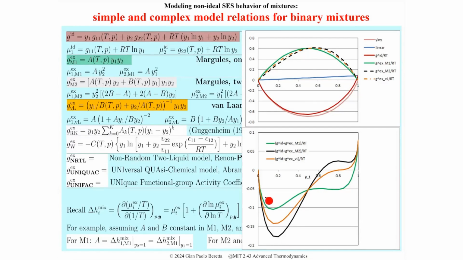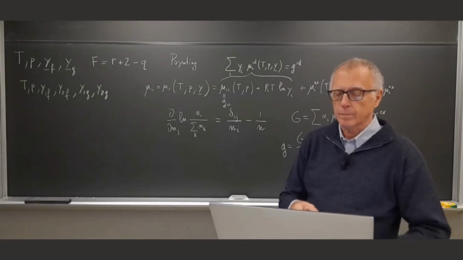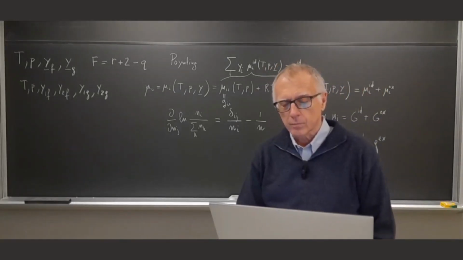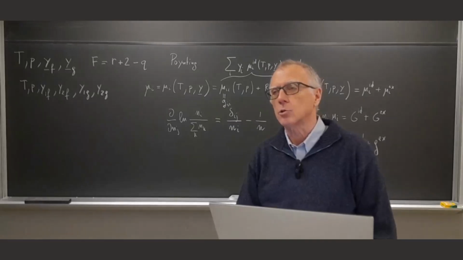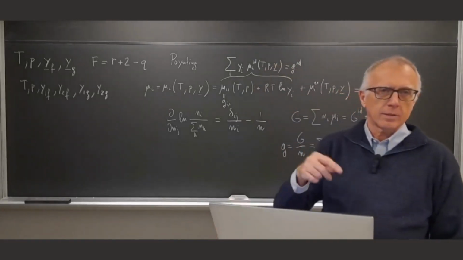These are for the three cases: Margules, 1 parameter, 2 parameters, van Laar. You obtain shapes that are non-trivial. And actually, in some cases, they're also not good, in the sense that they violate the stability conditions.